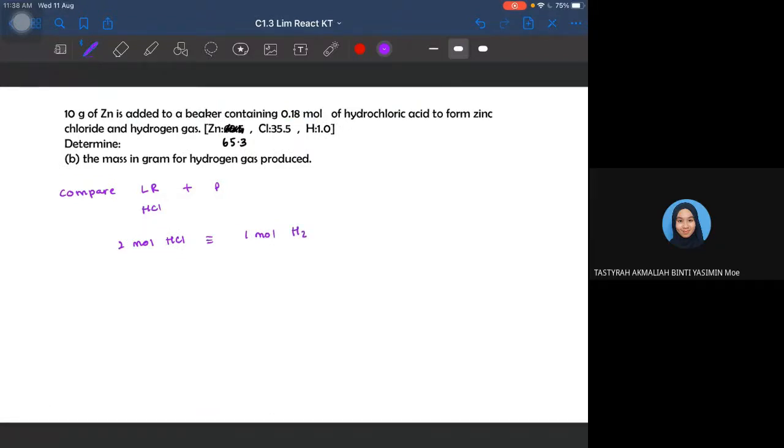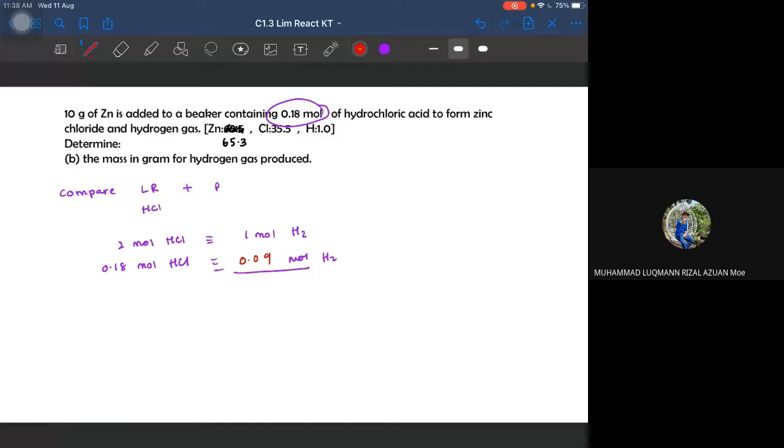Okay, so from the question, we have 0.18 mole of HCl. Berapa mole of H2 yang boleh dihasilkan? 0.09 mole of H2.